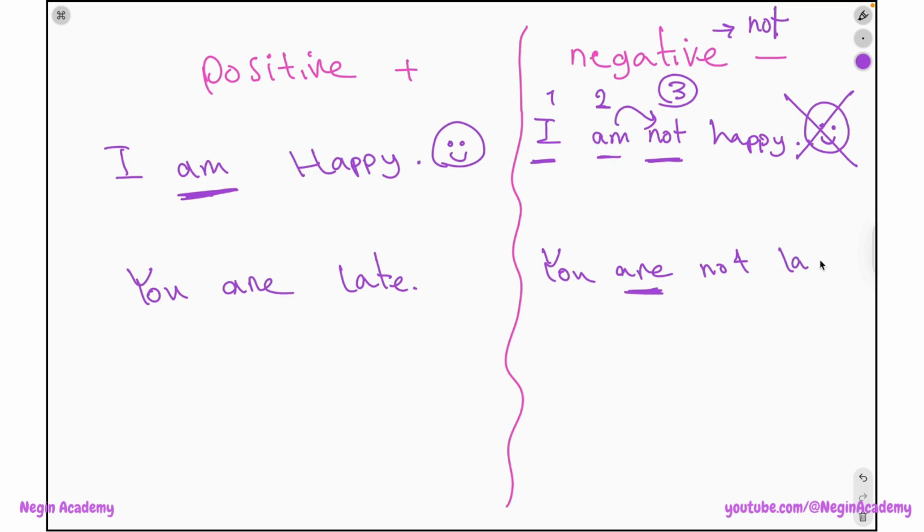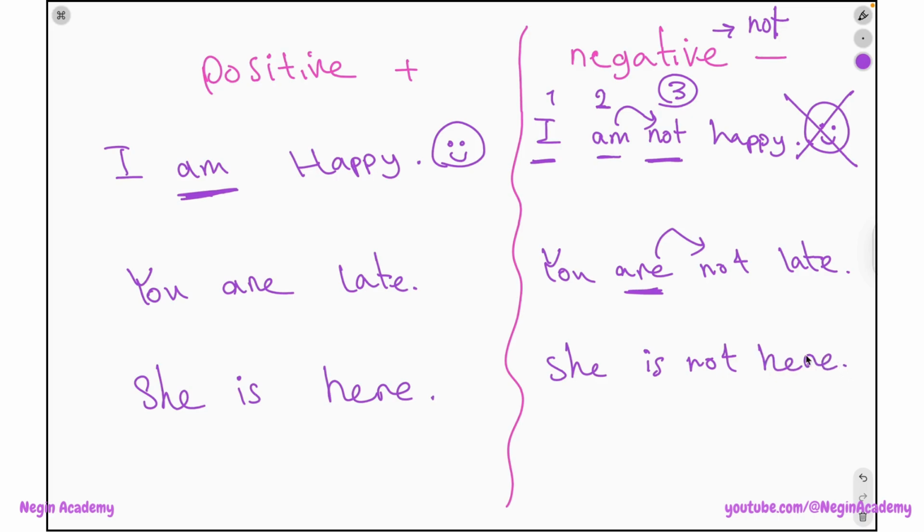You are not late. And another example, she is here. How should we make it negative? Nice and easy. Add not after the to be. She is not here.